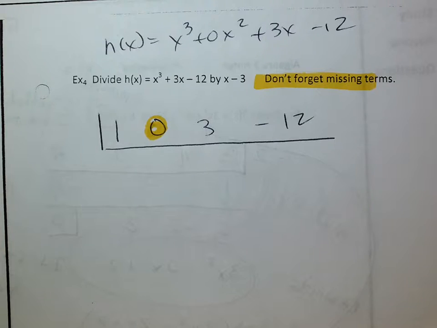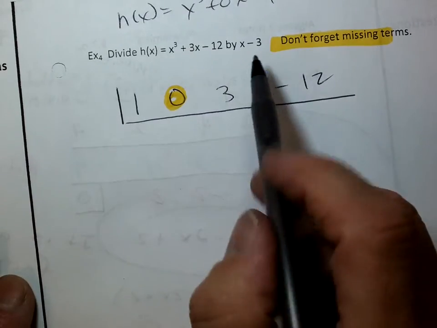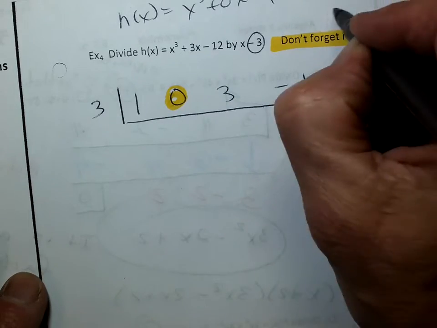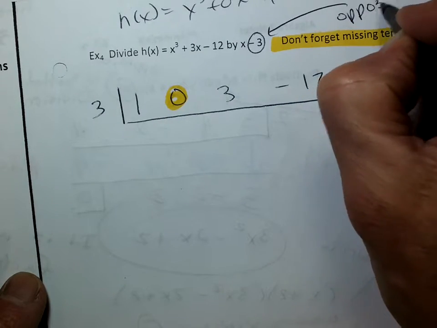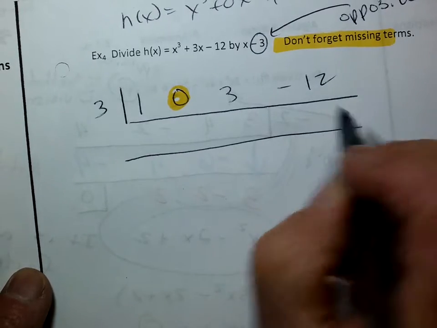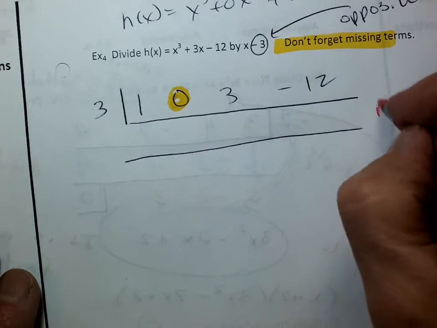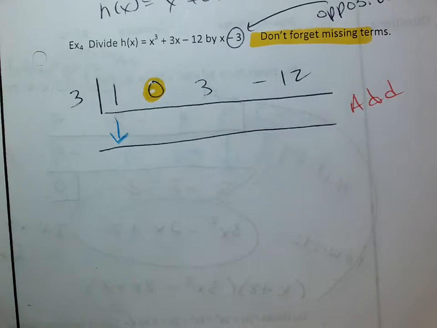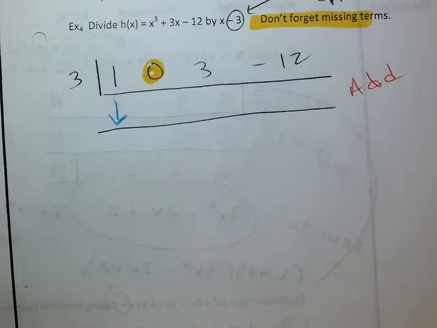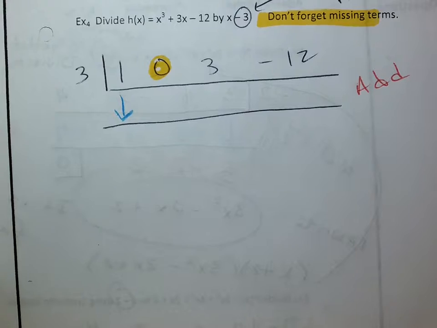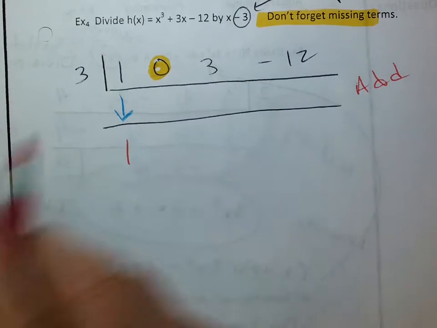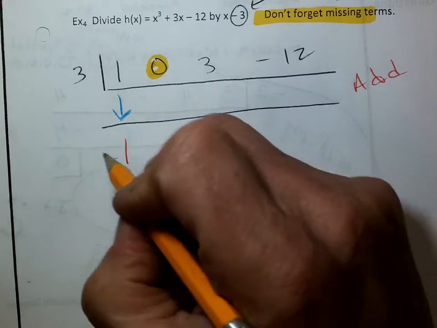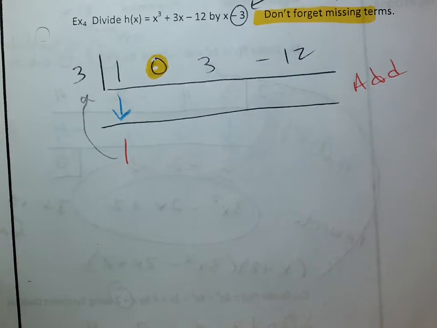And so now the rest becomes pretty easy. We're going to make sure that we put in the opposite, so we're going to put a positive 3. Put my addition line. See how easy this is getting now that you got the hang of it, right? Then step 1, bring down the first term. Bring down my 1, and then I multiply, and I get a 3.